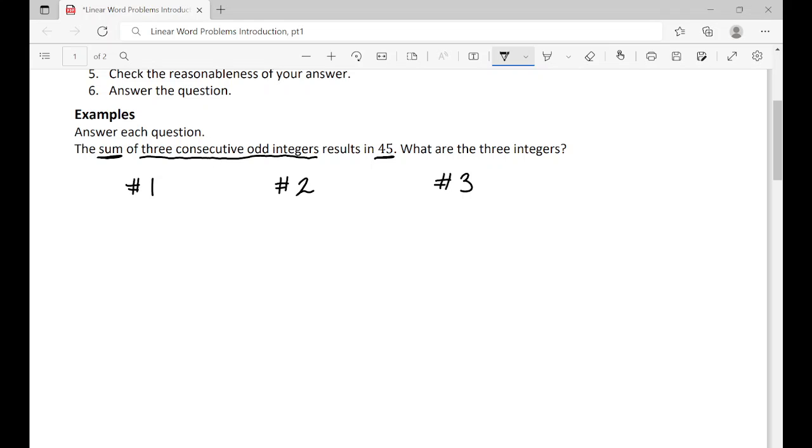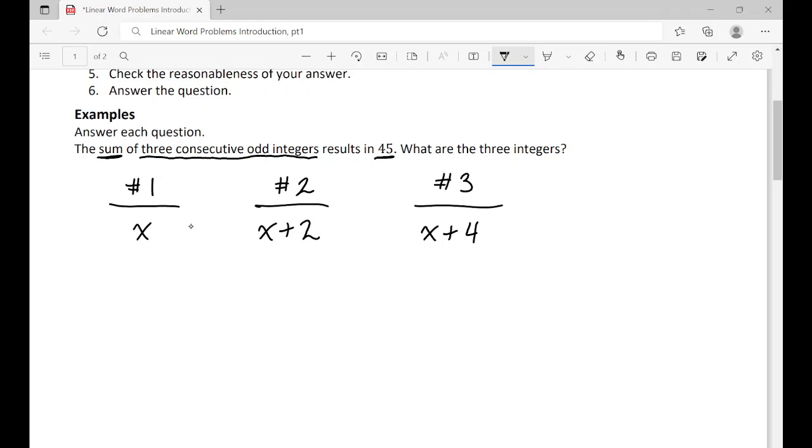So if I say that number 1 is some x value, I can say that number 2 is just that x value plus 2, because that'd be the next odd integer. And then I could say that number 3 is the first odd integer plus 4, because it will be the second one after the first one.